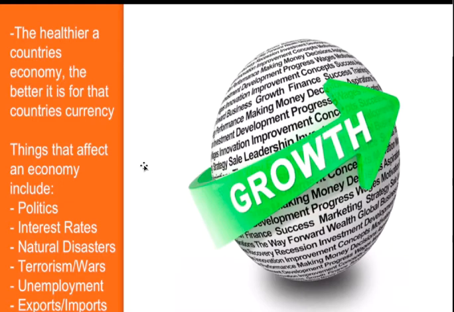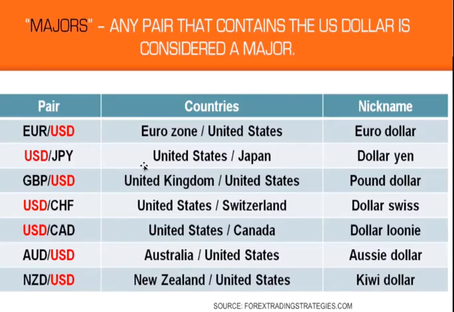So note that the currency of a particular country is automatically affected by whatever goes on in that country. The things that affect this economy include their politics, interest rate, natural disaster, terrorism and wars, unemployment, export and import. These are things that affect the economies of any country in the world, and automatically this has an impact on their currency.